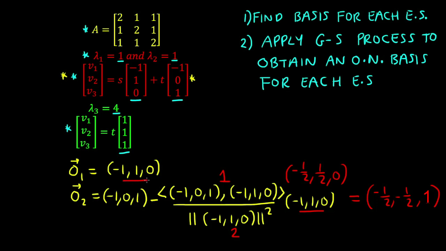And now we can normalize these two basis vectors to obtain an orthonormal basis for this first eigenspace. So the norm of this vector is √2. So normalizing this basis vector, we get -1 on √2, 1 on √2, and 0.